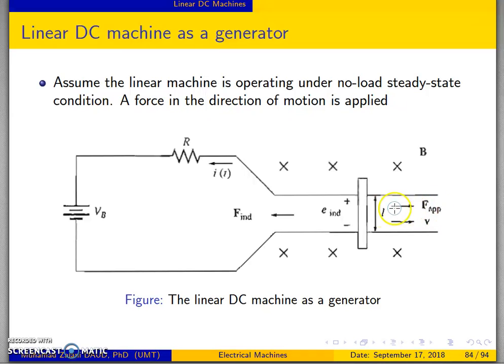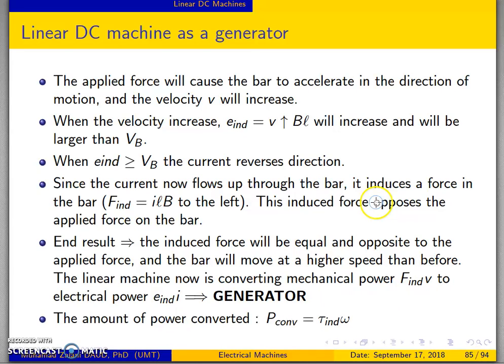When we apply the force to the right, similar to the velocity v, this force will increase the speed. So once the velocity increases, there is a further increase in induced voltage. Using this equation, the induced voltage will be further increased.